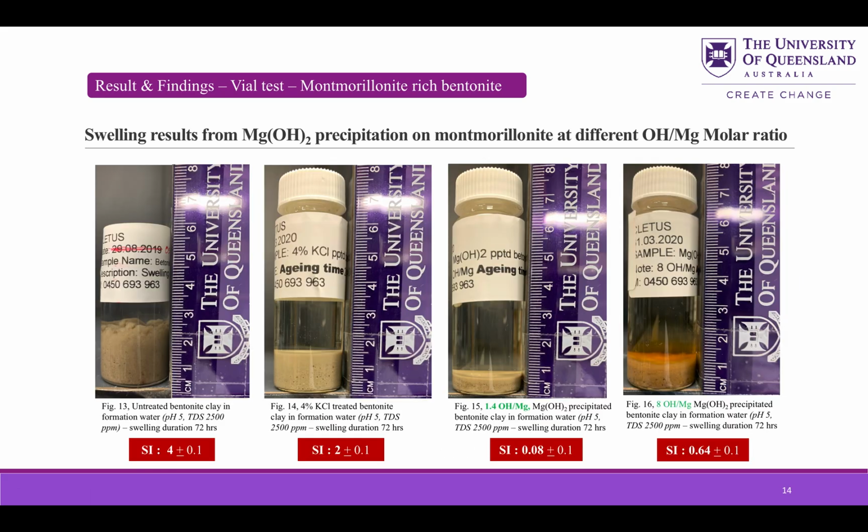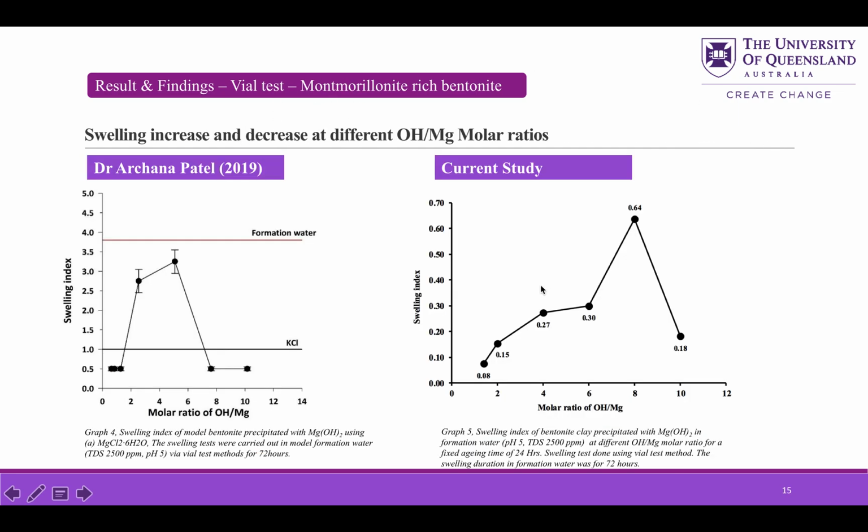So this slide gives a quick insight of what happens at different OH by Mg molar ratios of bentonite being precipitated with magnesium hydroxide. On increasing the molar ratio of magnesium hydroxide precipitation, it was identified that the swelling index increased gradually.